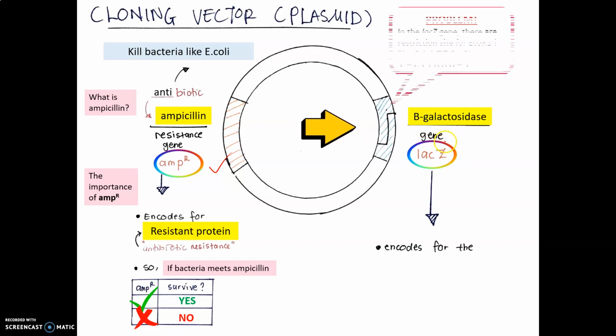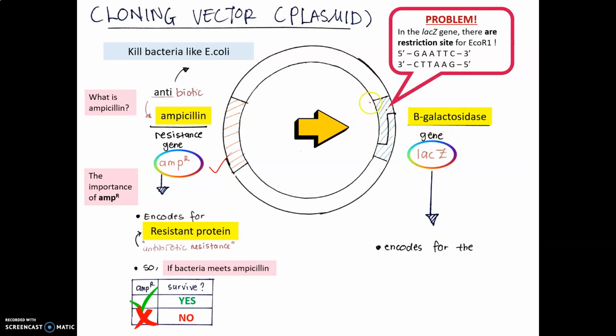Cuma malangnya kalau awak nak tahu, sepanjang-panjang ini adalah lacZ gene. Tetapi dalam lacZ gene ini ada restriction site GAATTC. Ini pun ada GAATTC. Dalam the lacZ gene itu adanya restriction site for EcoR1.